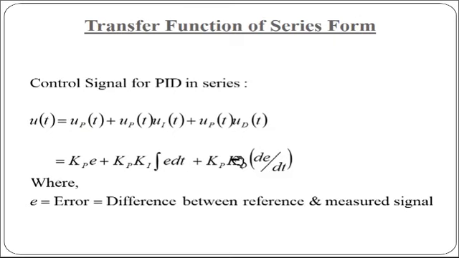If we consider the transfer function in series form, then the control signal for the PID series, yes my friends, PID series is a combination of the proportional, integral and derivative controller. Ultimately you get the equation for the PID controller as Kp e plus Kp Ki integral of e dt plus Kp Kd de by dt, where e is the error, the difference between the reference and measured signal.